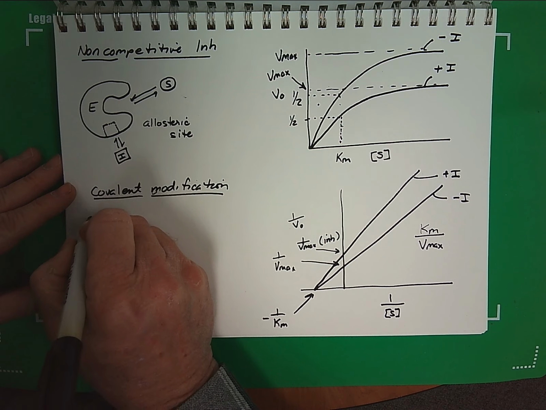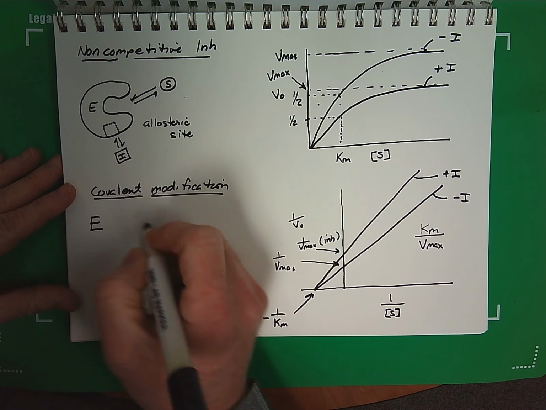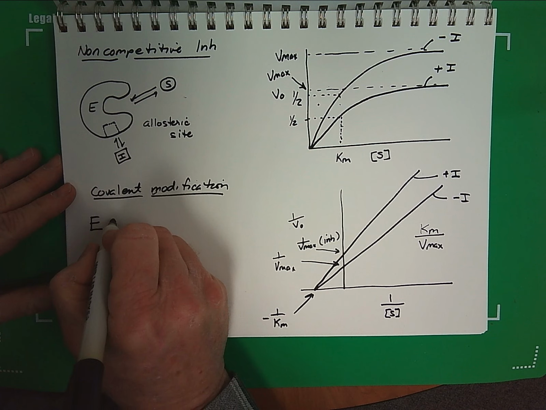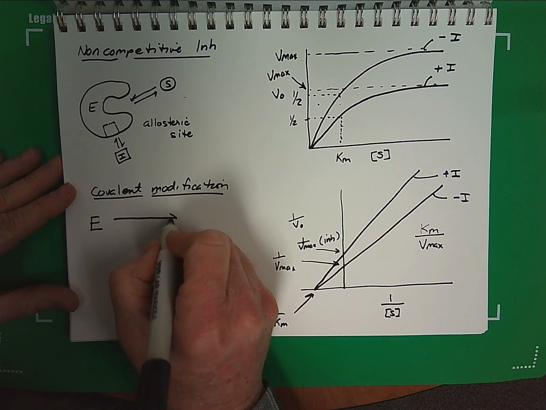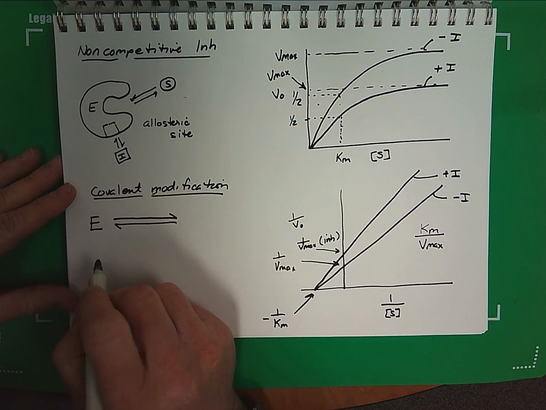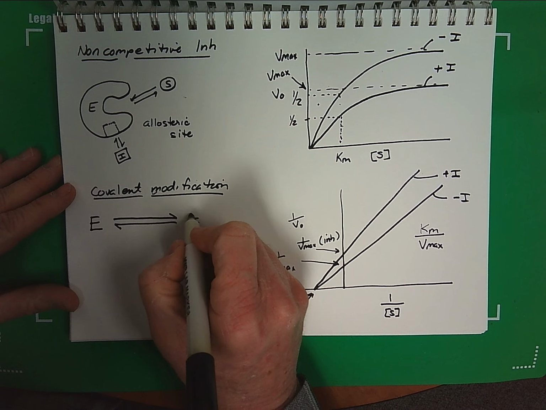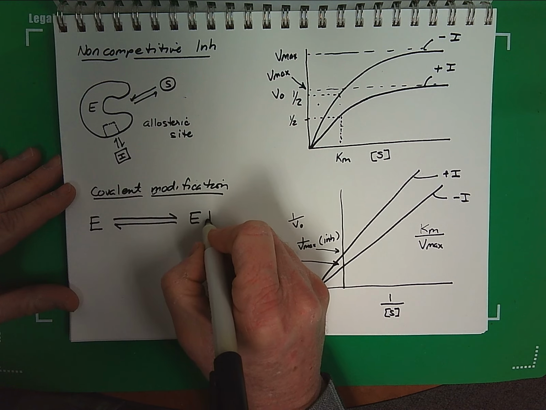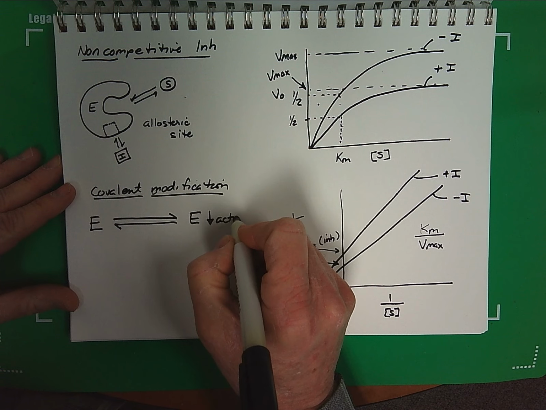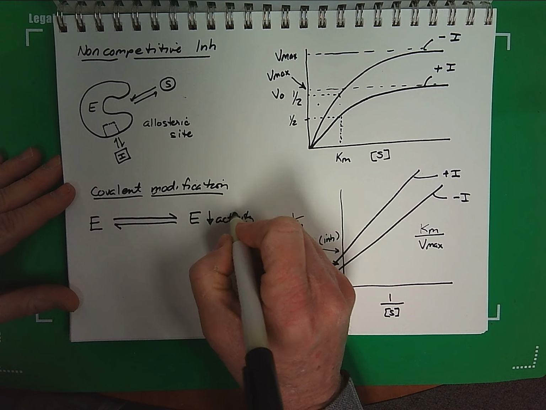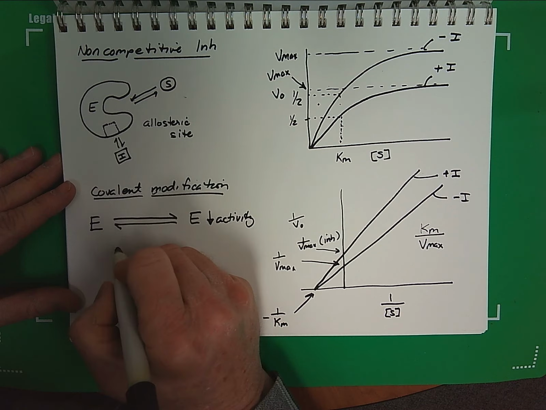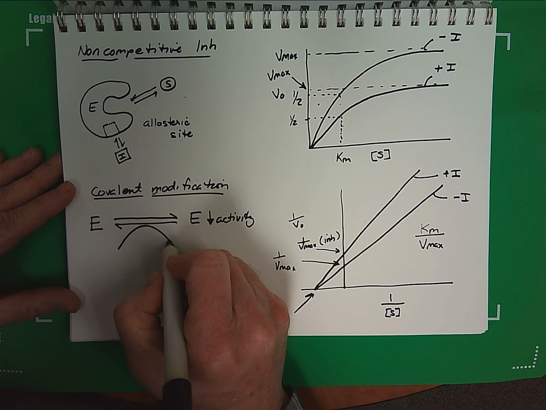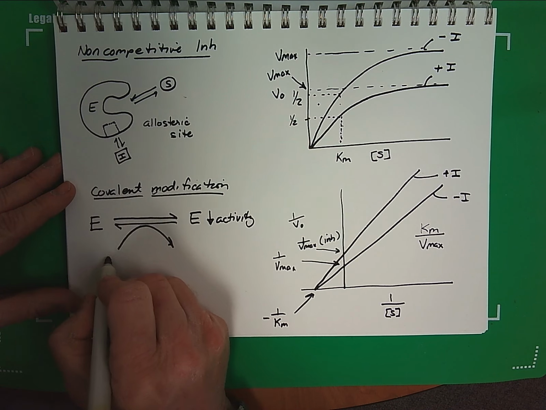So a good example here is that if we have an enzyme and we need to regulate this enzyme, so let's say that we want to decrease activity, what we can do is add a phosphate group.